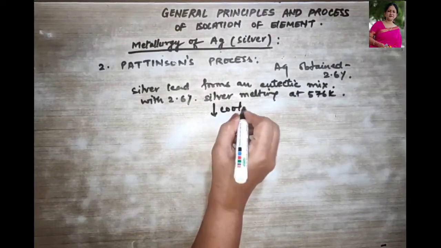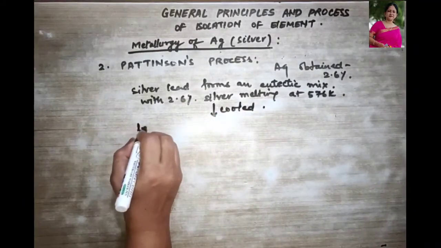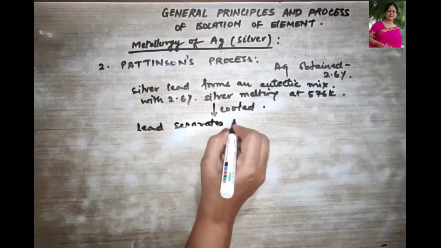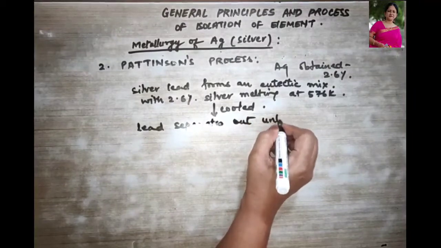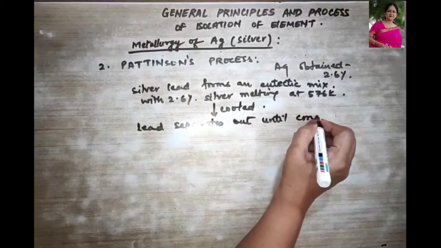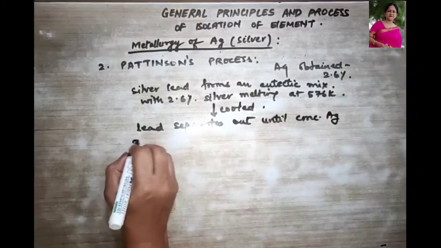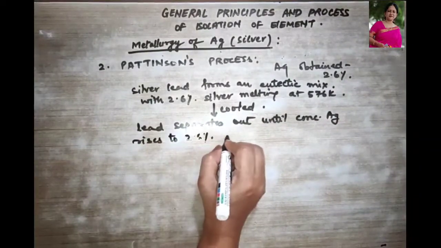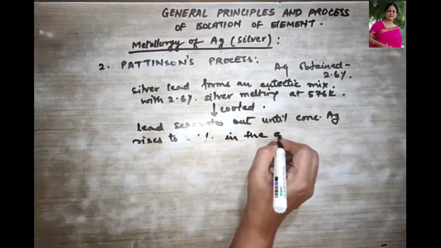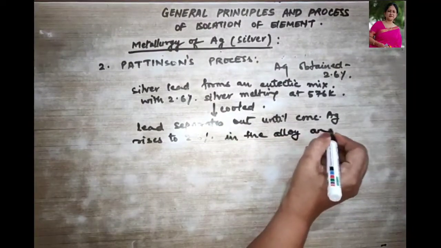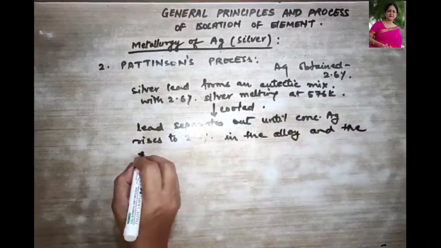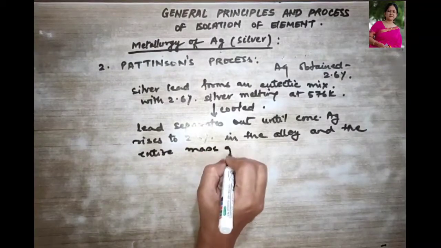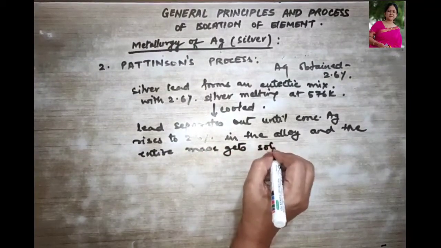Further, when this is cooled, then the lead separates out until the concentrated silver rises to 2.6% in the alloy, and the entire mass, it gets solidified. Clear?